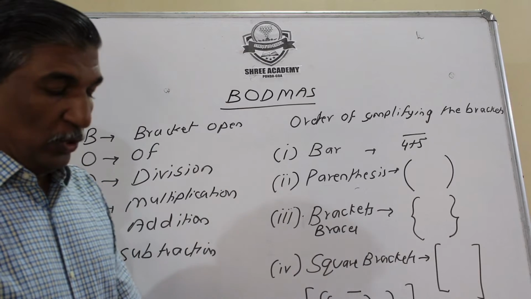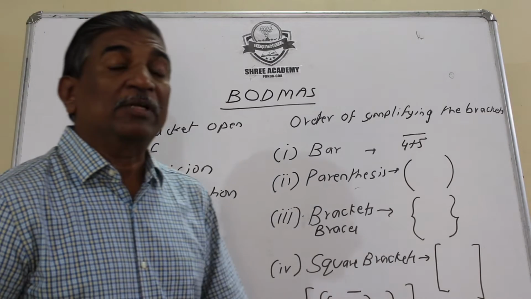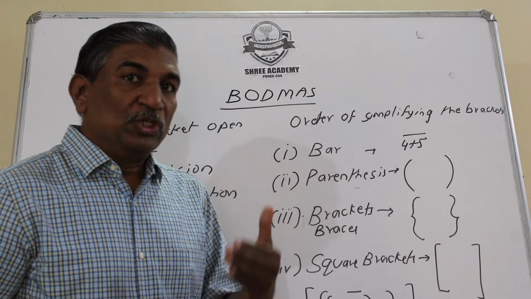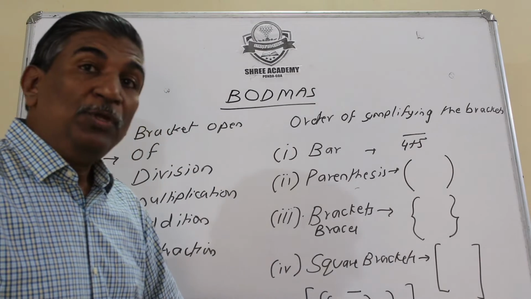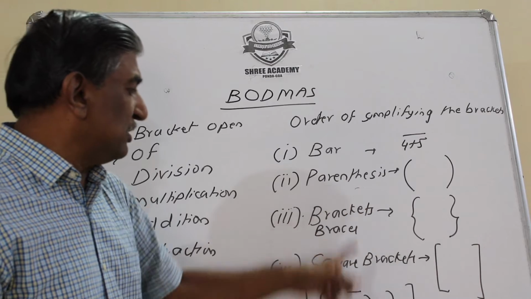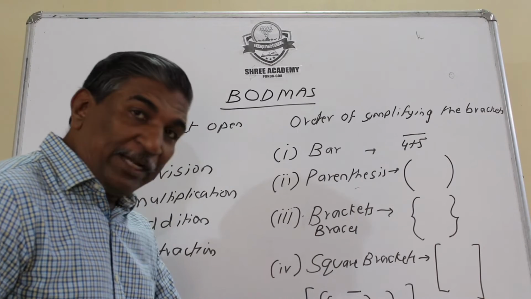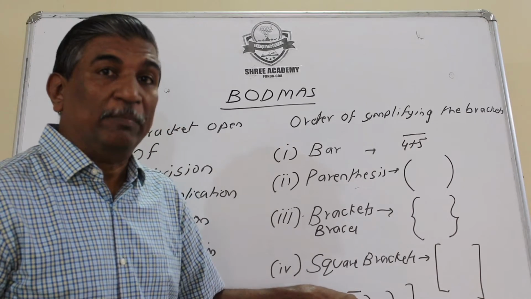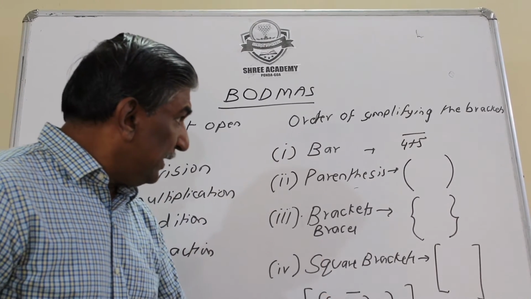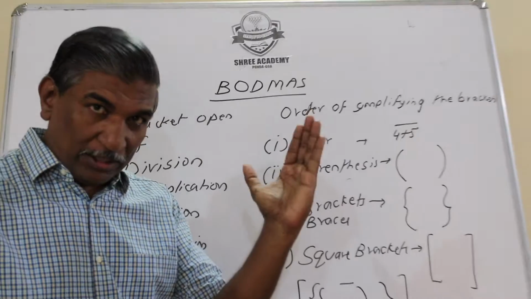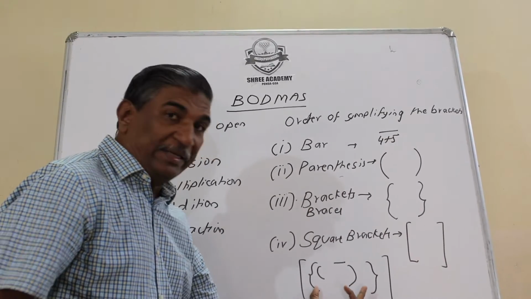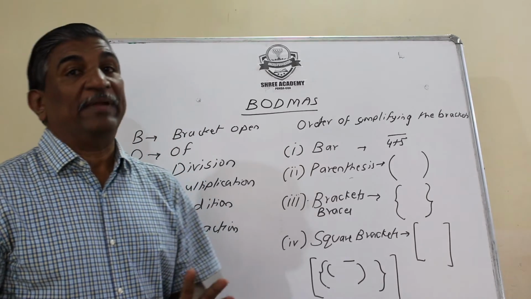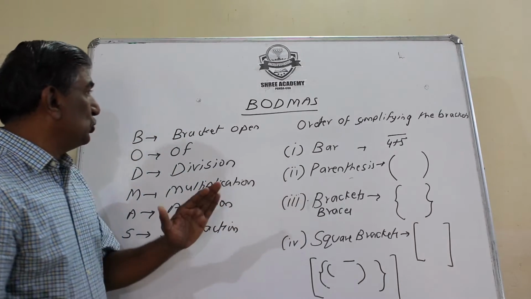So in BODMAS, we should always remember that we start simplifying from the innermost bracket. Before attempting this, we have to go for the simplification of the bar, then the parenthesis, a little outside there are the braces, a little more outside will come the square brackets. I hope you understood this.